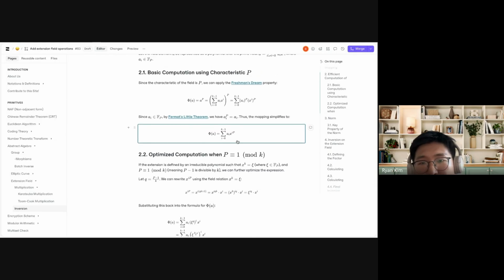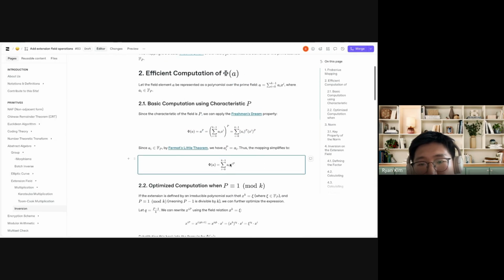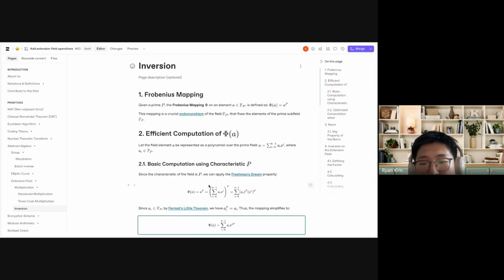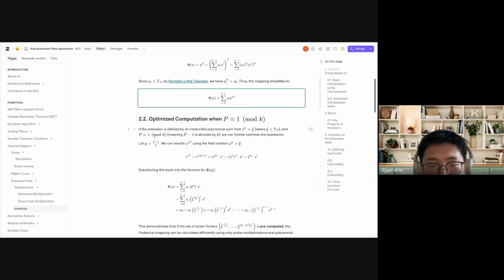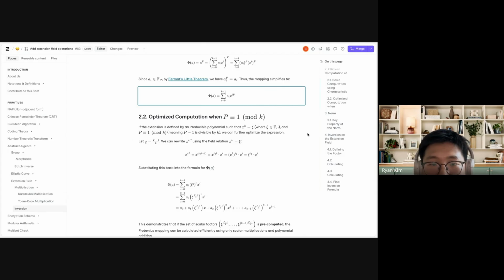Then the question is, how do we compute this efficiently? That's another interesting point. The purpose of all of this is to compute the inverse efficiently for an extension field. For example, for simplicity, in most cases the extension field is defined over an irreducible polynomial x to the k equals xi, or beta, or something like that.